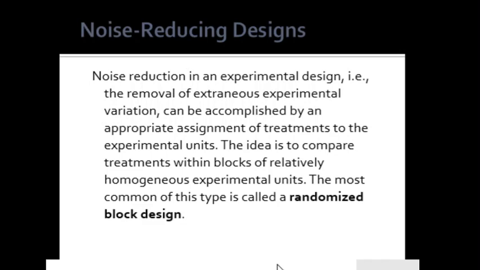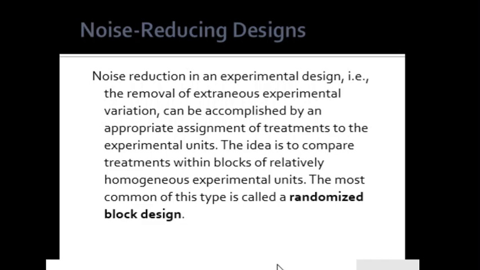The first very commonly used types of designs are the noise reducing designs. The idea is that we want to remove any extraneous experimental variation. So we want the response to be affected only by the treatments that we have chosen, and any external variation or external variables should not have any impact on the results.